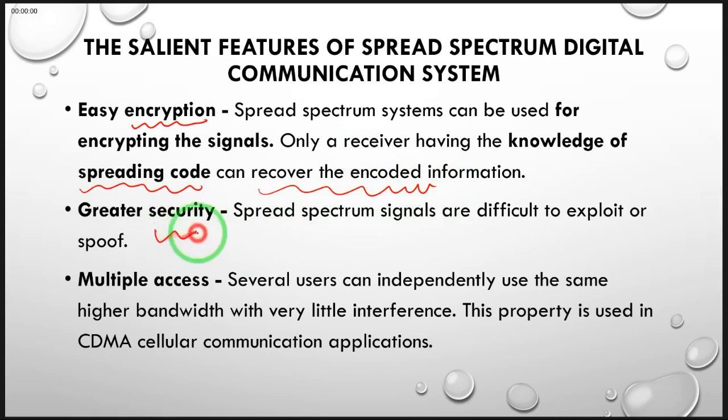For that reason, it provides greater security, which makes it impossible for someone to exploit or spoof your signal. We define signal exploitation as the ability of an unintended interceptor to use your information. When someone is able to exploit information, they might use it. But with spread spectrum, that becomes impossible.